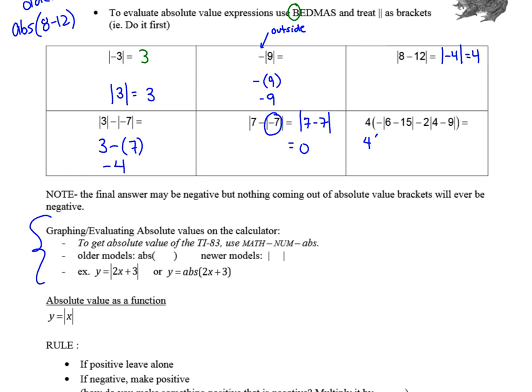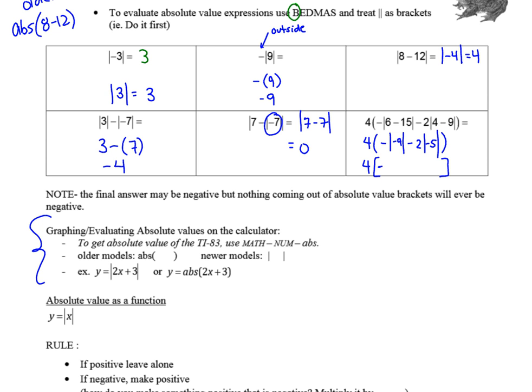So I would start with the negative absolute value of 6 minus 15, negative 9, right? Minus 2 times absolute value of 4 minus 9. Okay, this is a negative 5. Absolute value of negative 5. So when we evaluate, I'm going to use square brackets for this whole thing because it's so many brackets. When you evaluate absolute value, you can actually replace it with round brackets.